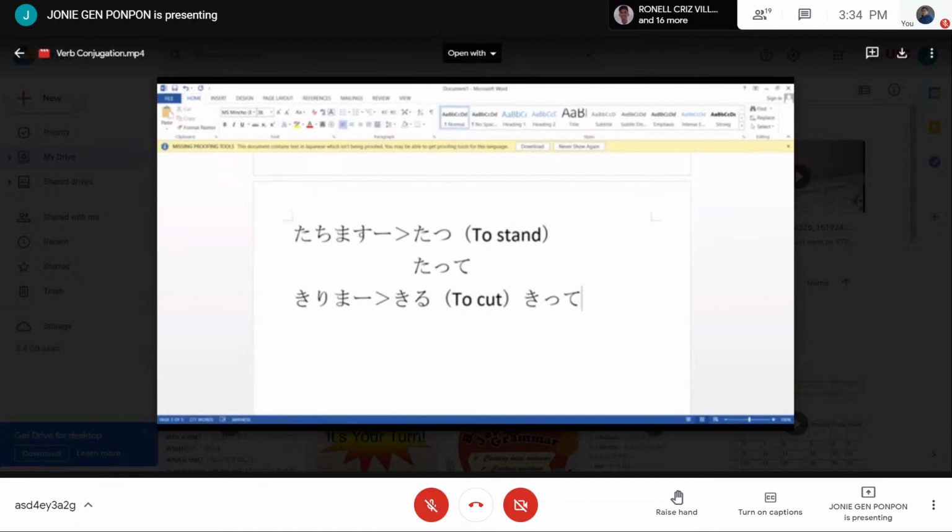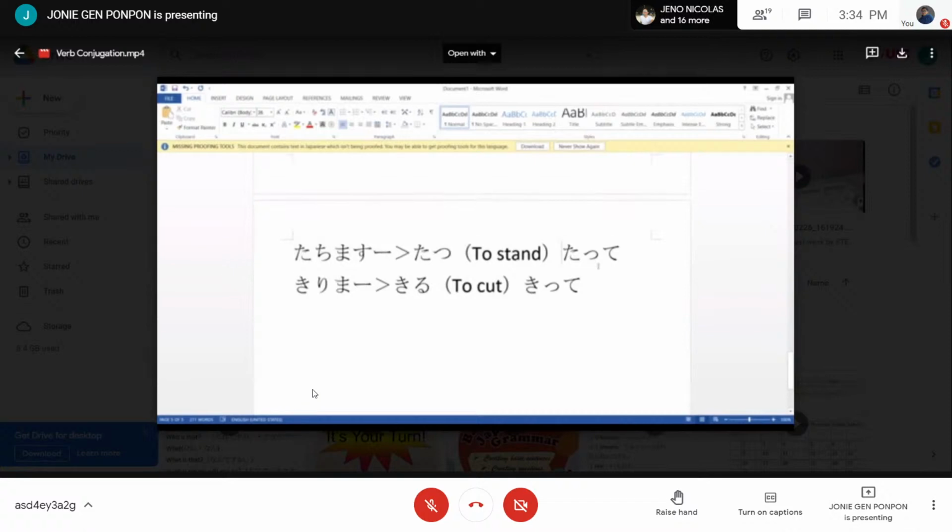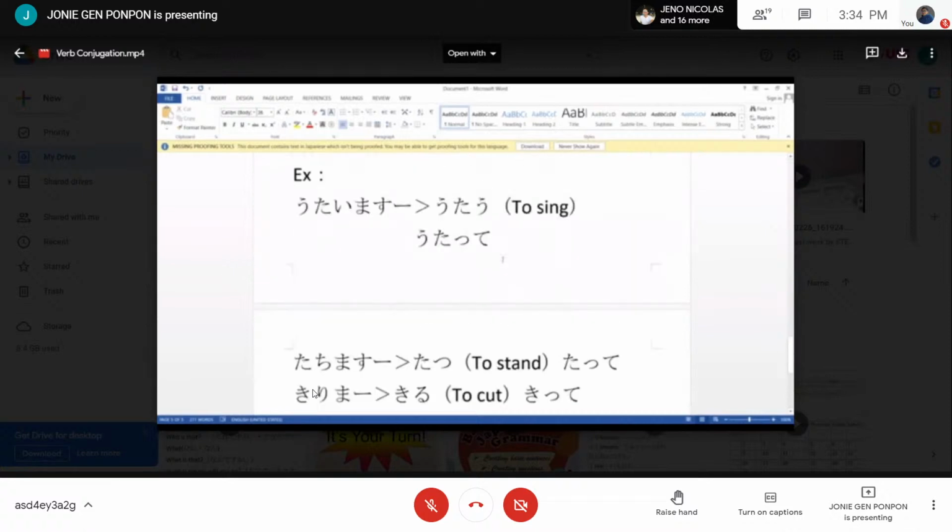So be careful. They are different in kanji, so if you are familiar with kanji, you will know if this kitte is a stamp or to cut. So that's how you convert the ru. If the jishuke ends in ru, tsu, or u, it will become the double t form. These are the examples.